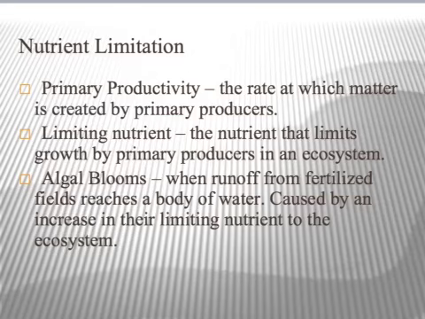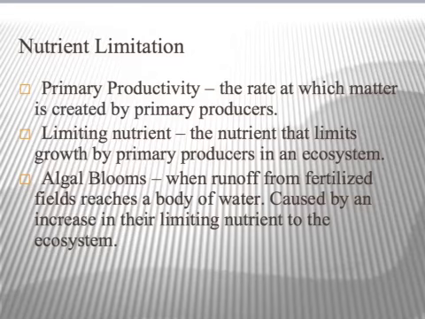So we think back to that first trophic level, primary producers. A limiting nutrient is a nutrient that limits the growth of these primary producers in an ecosystem. So there are specific things that they need to be able to grow and produce, and the limiting nutrient is the thing that is going to limit that amount of growth.